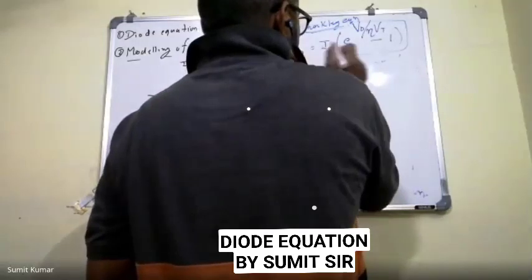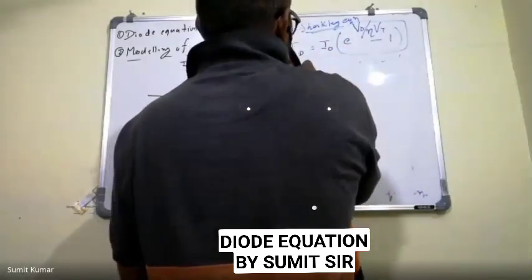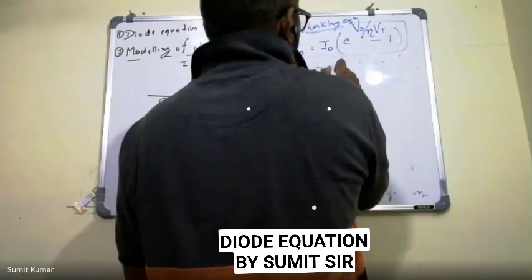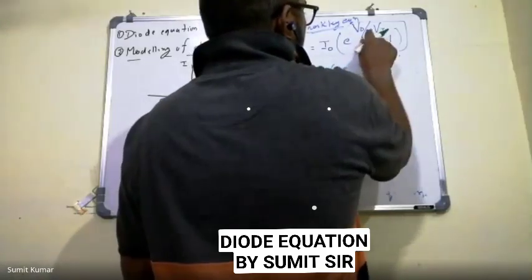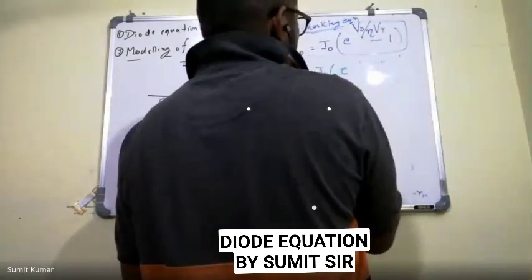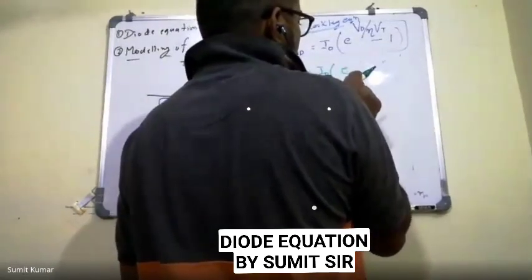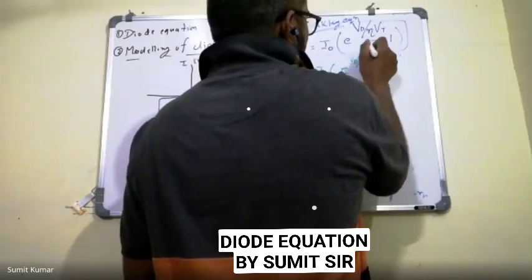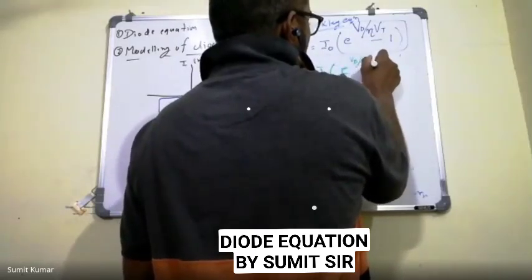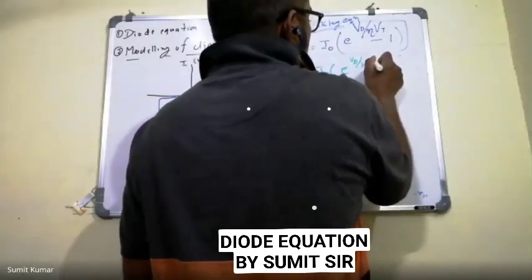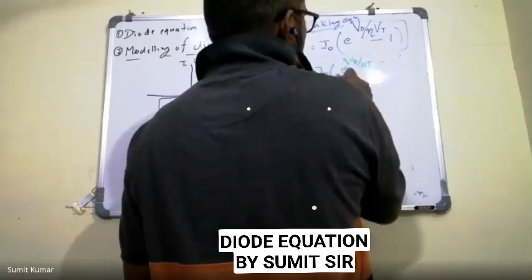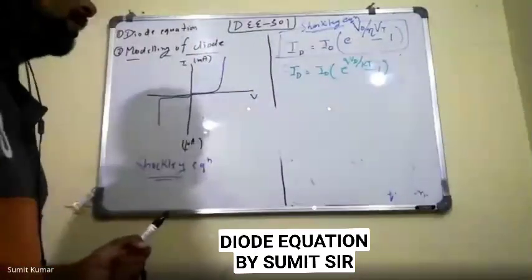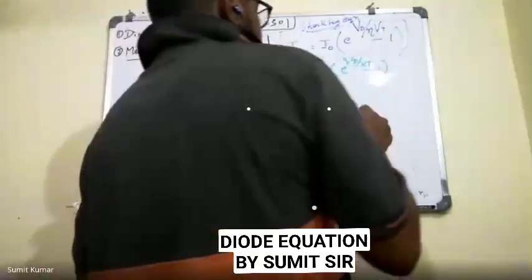So if I substitute the value of this Vd, and put eta equal to 1, because I have already stated that eta is 1 for all our purposes, then Vd over Vt is Q over Kt times Vd, and the equation becomes I D equal to I naught e raised to the power Q Vd over Kt, minus 1.